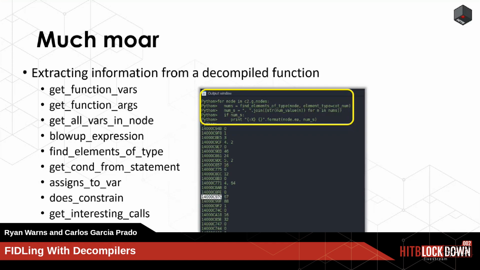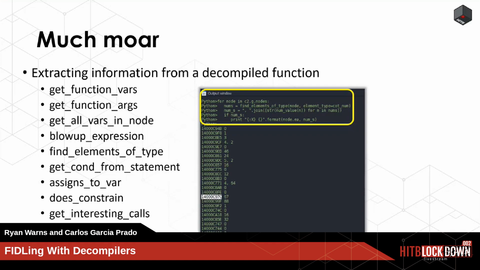Imagine that you want to find a node that has a number inside it, or a reference or a pointer or whatever. You can do this very easily in a loop. You say, let's go through all the nodes inside this control flow inator. I want to find elements of this type, and the rest is just a complicated format string. In this case, we're looking for numbers.